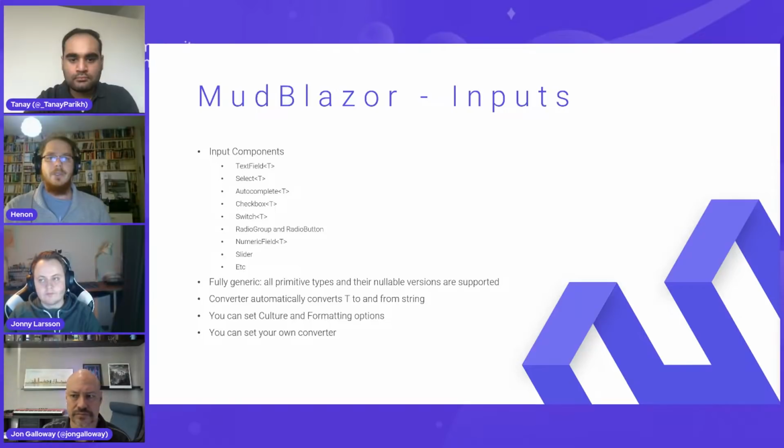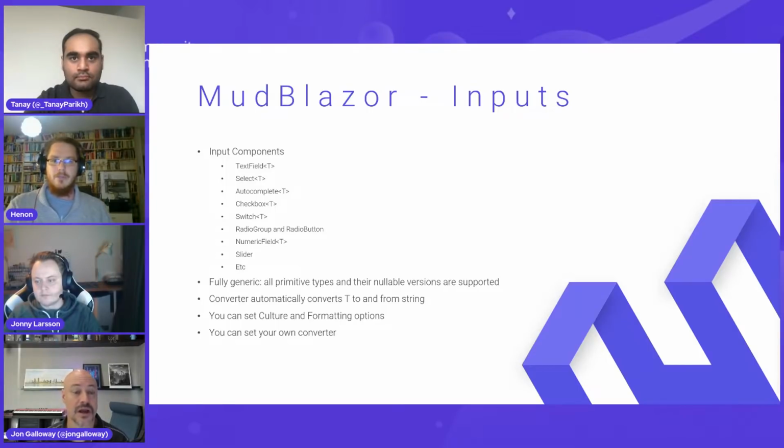All the primitive types and their nullable versions are supported by our input components. And to make this work, there's a converter which automatically converts the primitive type to string for display, like in a text field. And when the user enters the value, then it is automatically converted back to the primitive type.